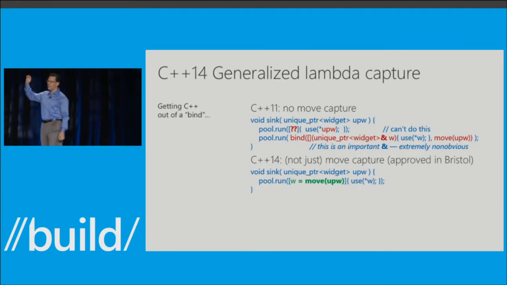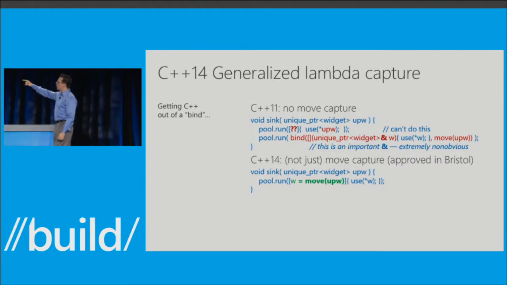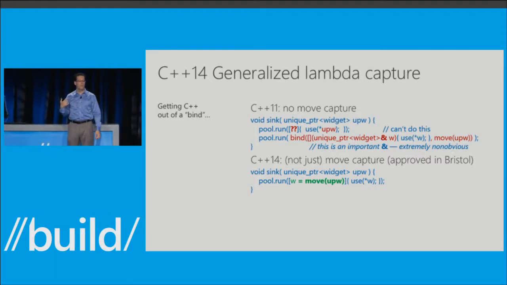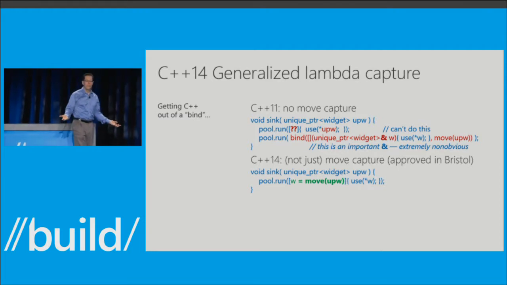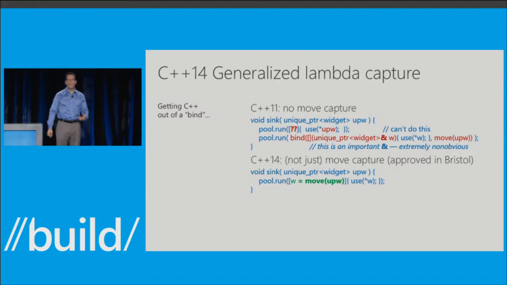In fact, even in this example, if you look closely, notice we're capturing UPW by move, but UPW doesn't appear anywhere in the lambda body. If you look closely, you'll have noticed we also renamed it along the way. So then what on earth is W? Oh, W is simply a new local data member in the lambda object.